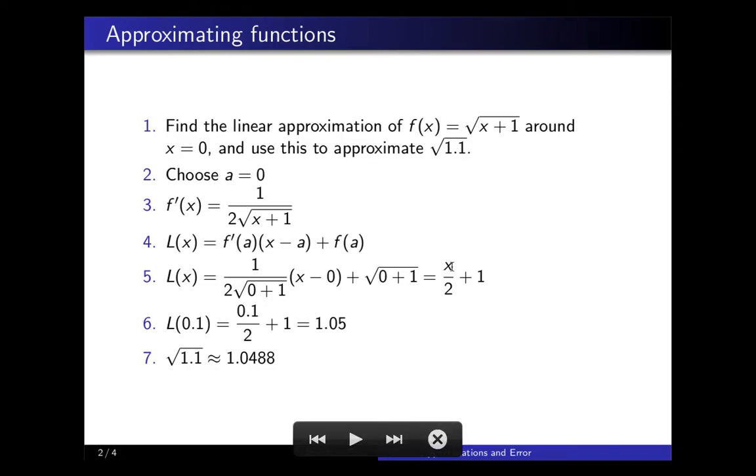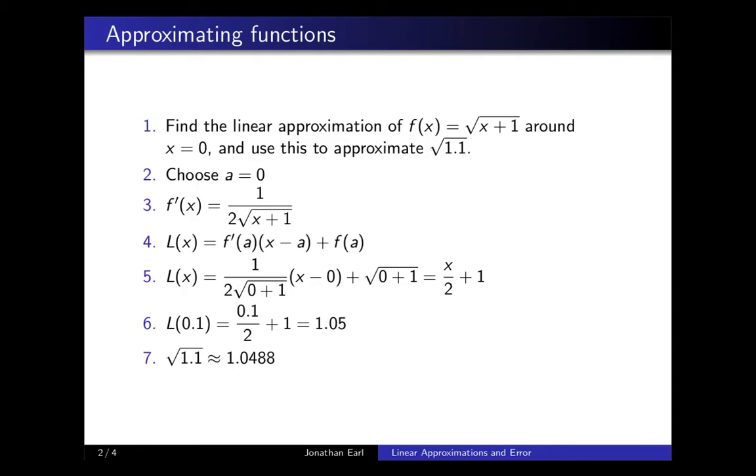So when we put in 0.1 for x, we get 1/10 over 2 plus 1, which is 1.05. So we're saying that the square root of 1.1 is approximately 1.05. And if we wanted to find what the square root of 1.1 is, you would find it's 1.0488, and then more values afterwards.